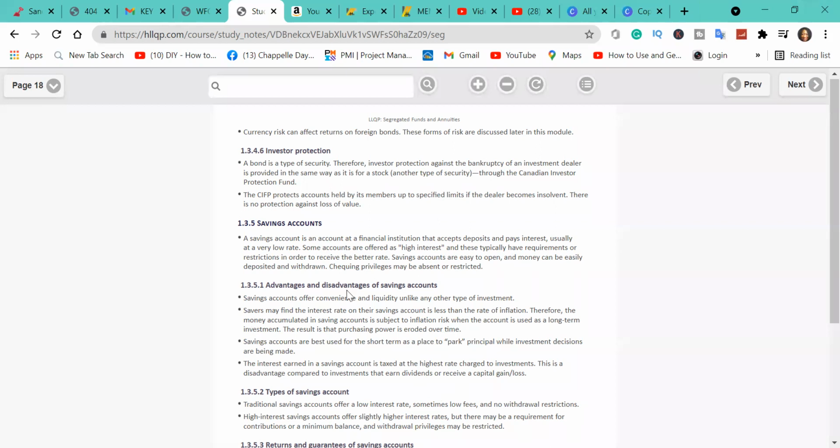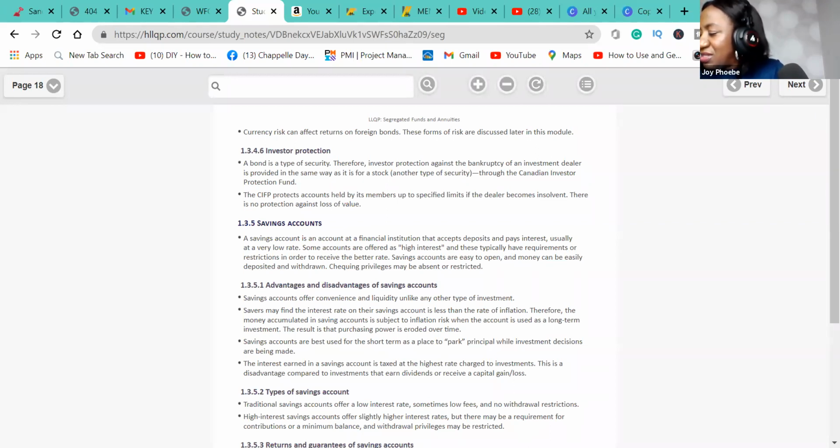Okay. So now we've looked at segregated funds, annuities, stocks, and bonds. Let me write it on this end so that we keep tab of what we are learning.